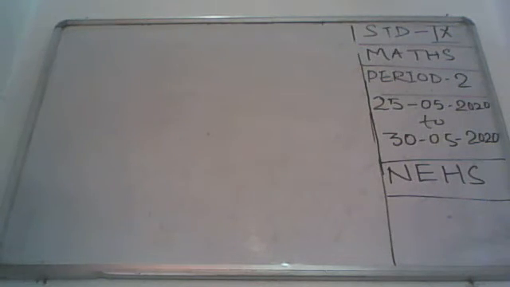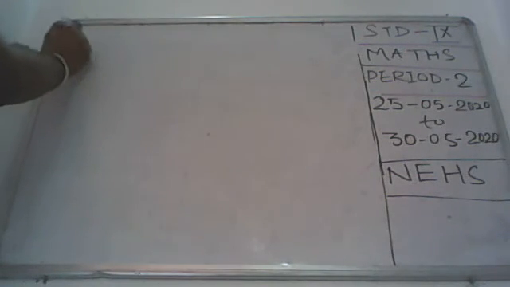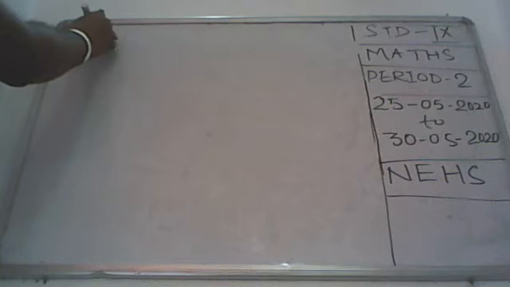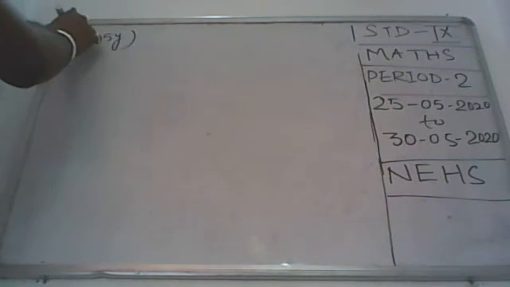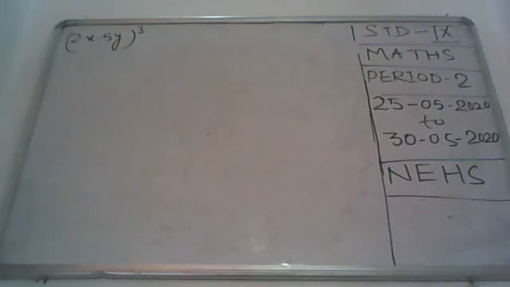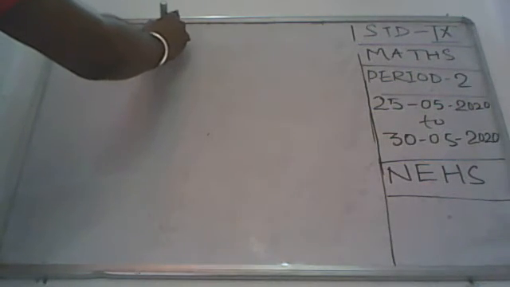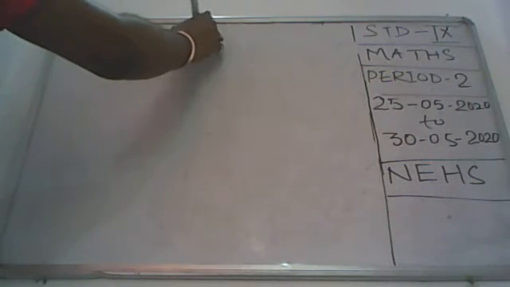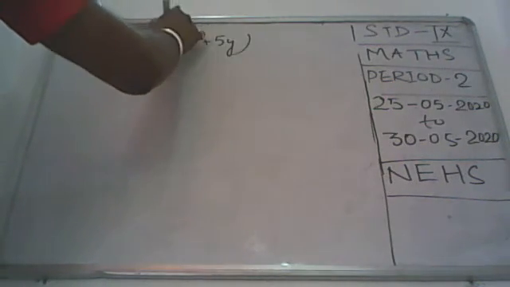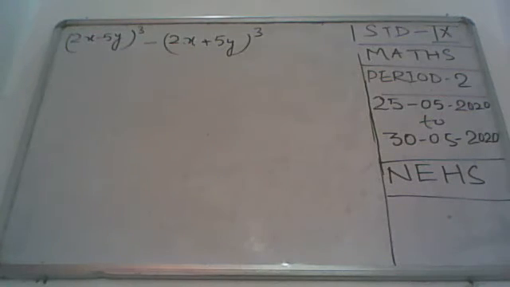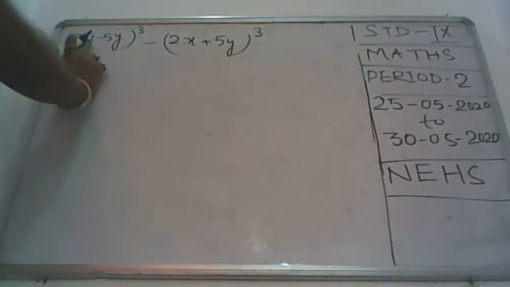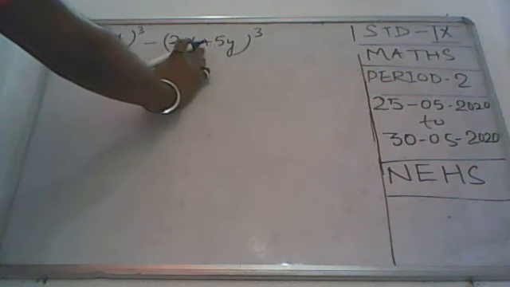Suppose they are saying that (2x minus 5y) whole cube. One question is this: minus (2x plus 5y) whole cube. Now you will say this is a cube of a binomial, and this is also a cube of a binomial.